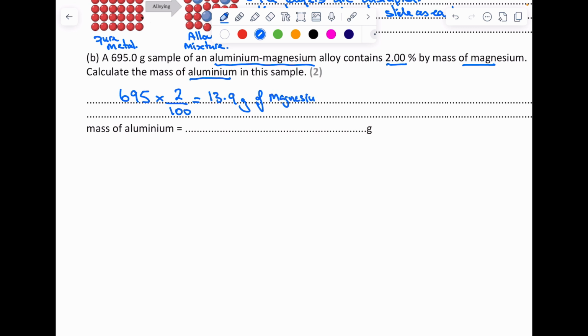So in order to find out the amount of aluminium, all I need to do is take that original mass, 695, because that's the aluminium and magnesium, take away the 13.9, and that's giving me an answer of 681.1 grams of the aluminium.